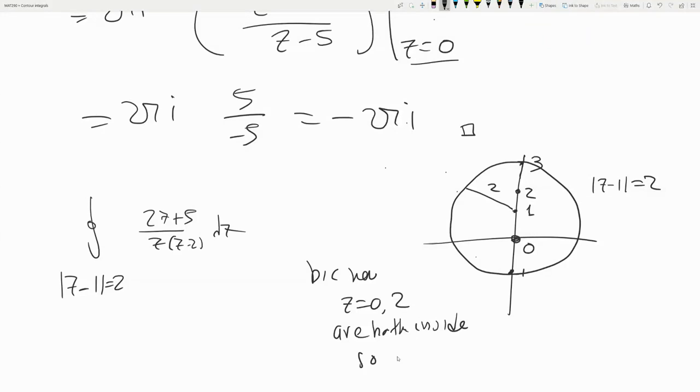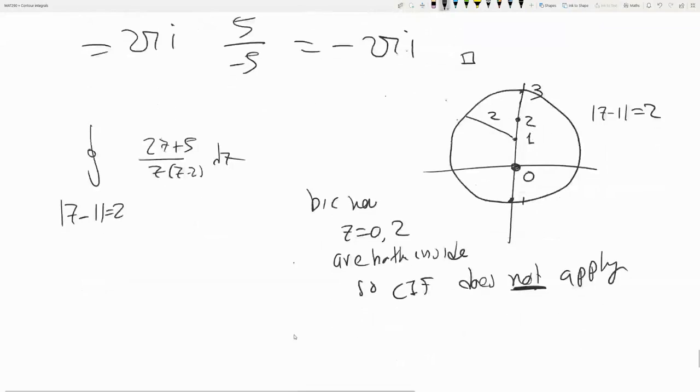Okay, so Cauchy integral formula does not apply. So please be careful. All right. So what's the trick? Now we do partial fractions.